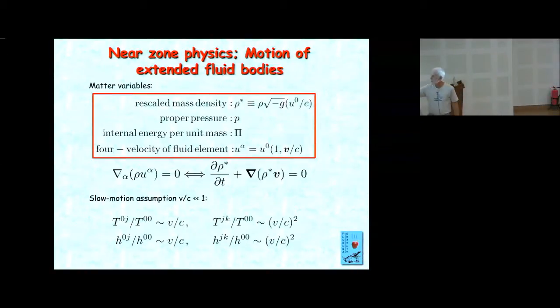So this compared to that is roughly of order V over C squared, or of order epsilon. So this hierarchy of components, it's important to keep this in mind as we work out what these fields look like. And similarly, since this is roughly speaking the source of that, it stands to reason that the ratio of these fields has the same hierarchy of terms. Okay?